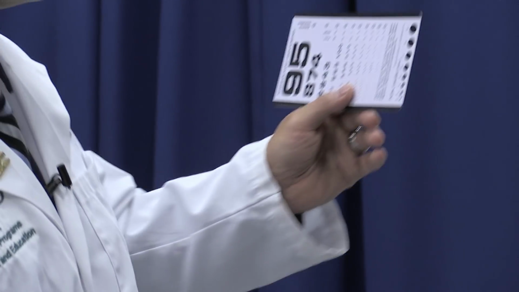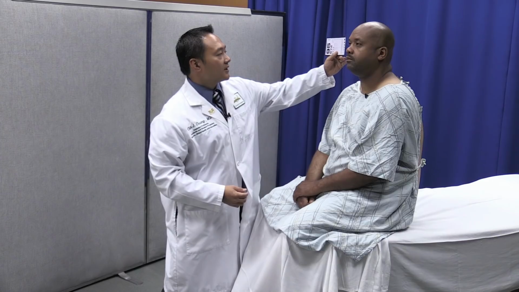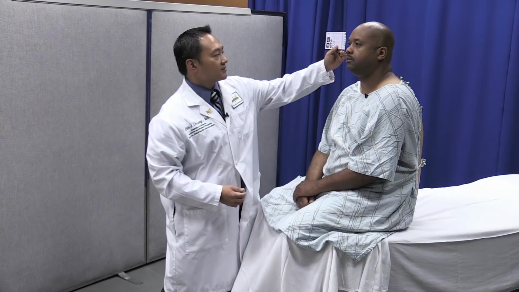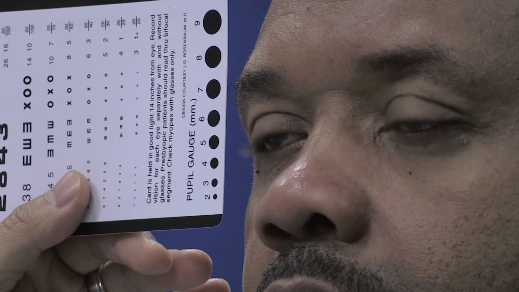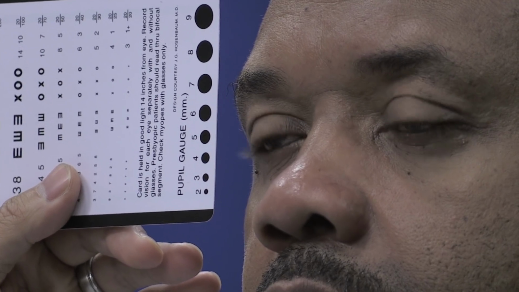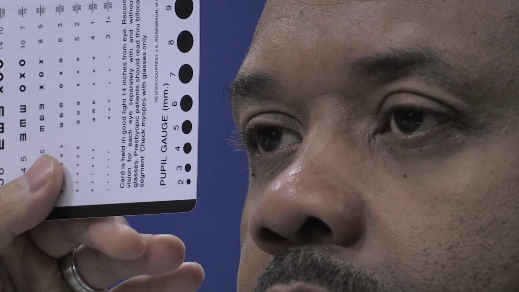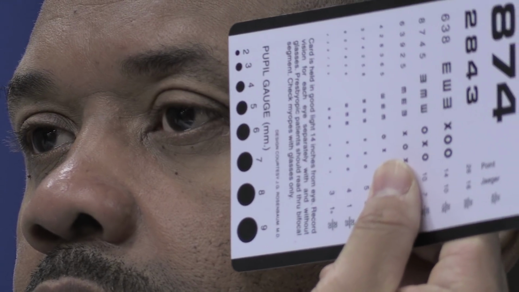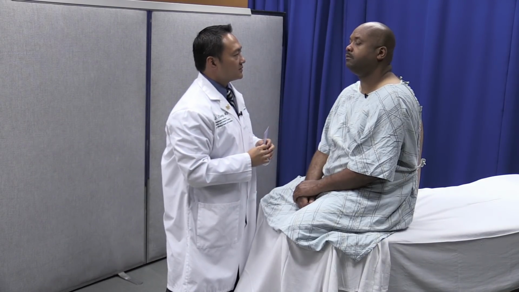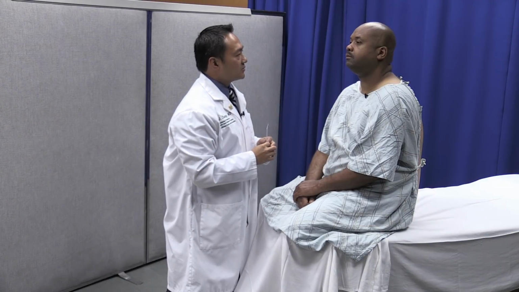So you can hold the chart right up to your patient's eyes and compare the size. So it appears that your pupils are about 4 millimeters. And 4 millimeters on the left as well. Now looking at the shape, and they appear to be round, and you want to make sure that they're symmetrical as well.